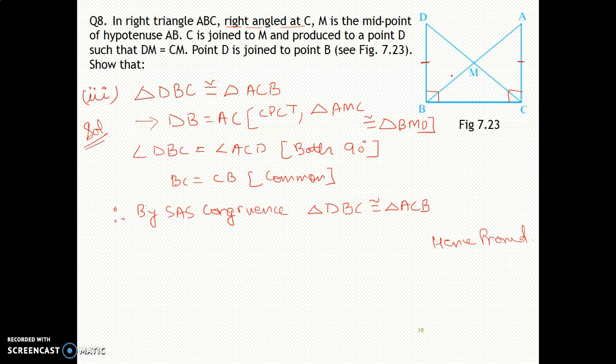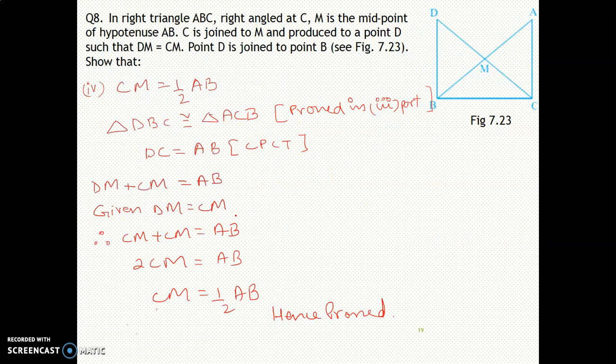Angle C is 90 degrees because it is given in the question, and in the previous part we showed angle DBC is 90 degrees, and BC is equal to CB, common. Therefore, by SAS congruence, triangle DBC is congruent to triangle ACB. I have simplified it so that it is easy for you students to understand and solve the questions.